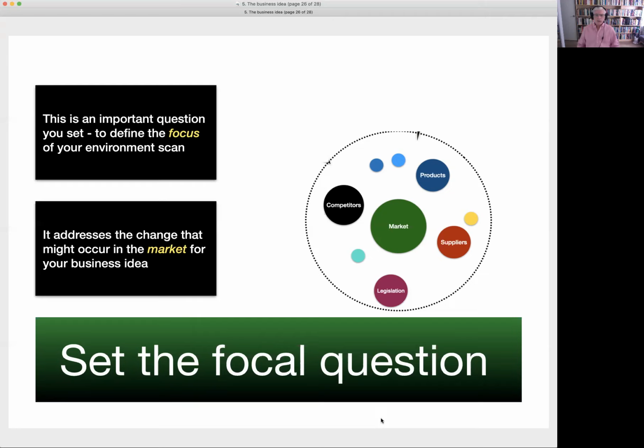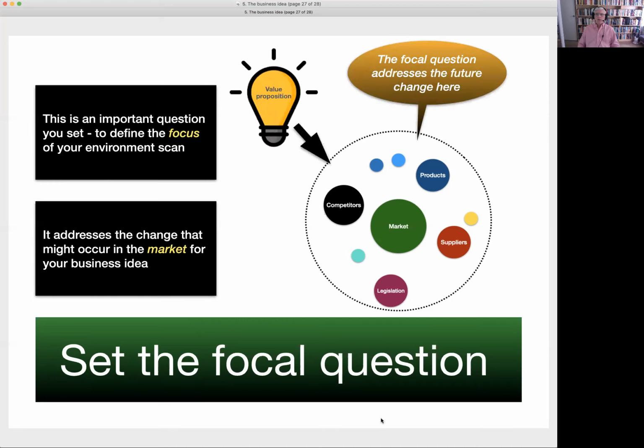And in particular, the focal question is interested in the change that might occur in this market for your business idea. So what you're trying to do is understand what this market that your business idea is serving will look like and what changes it might undergo into the future. So the focal question is really looking at the future change in your market, which is served by your business idea or your value proposition.